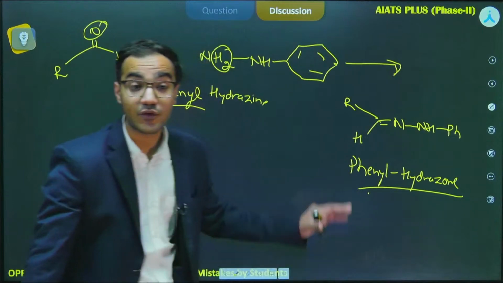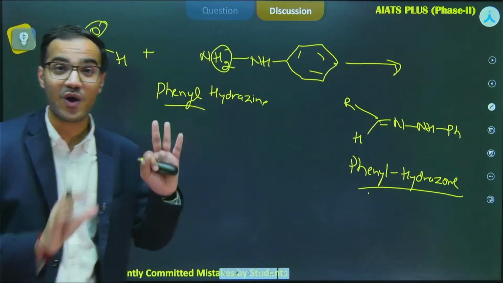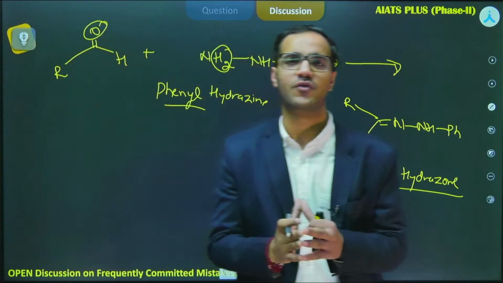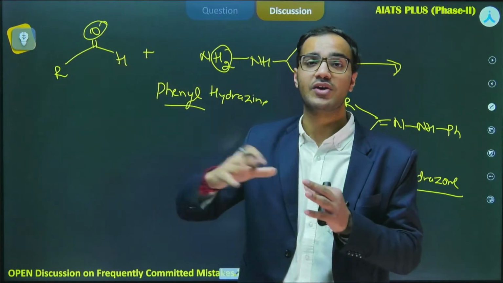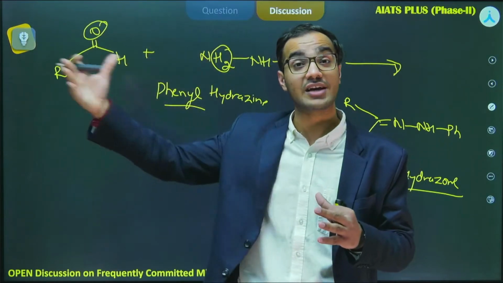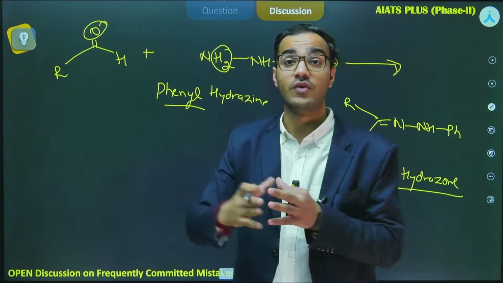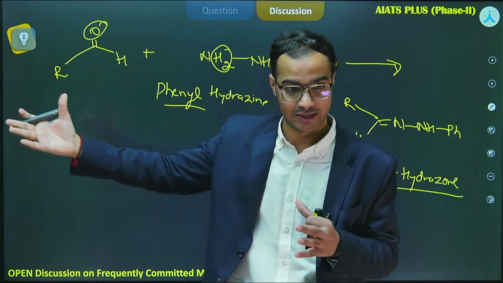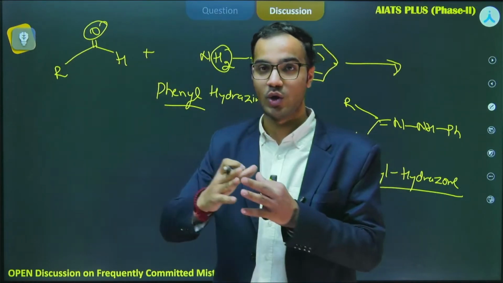You will be getting phenylhydrazone, and you guys are already aware that for the aldehyde you have a reaction called the 2,4-dinitrophenylhydrazine reaction, or we can say the 2,4-DNP test. I hope you have been reminded of this.